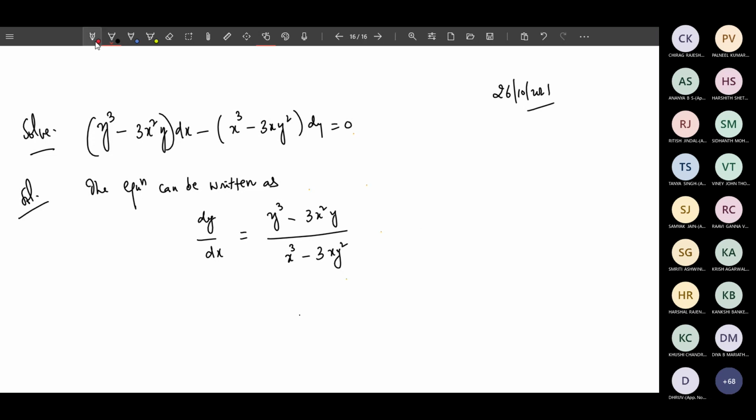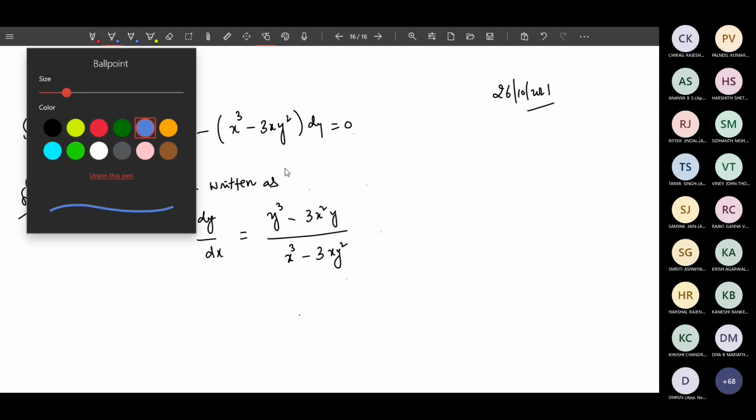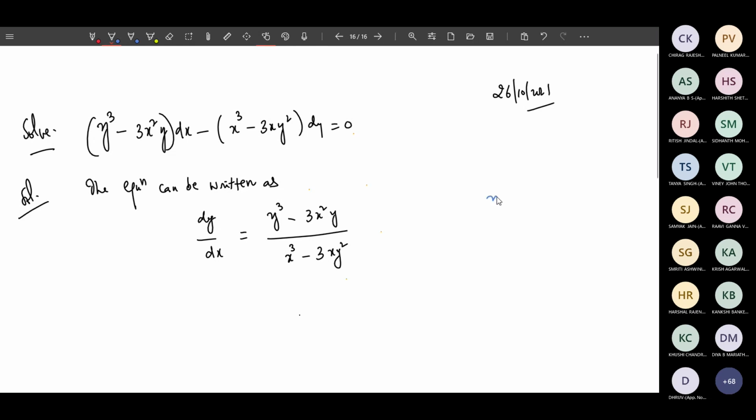Now, to check whether it is homogeneous or not, in the numerator take y cube outside: y cube times (1 minus 3 times x square by y square). Taking y cube out means y square in the denominator, so you get x by y whole square. Similarly, in the denominator take y cube.